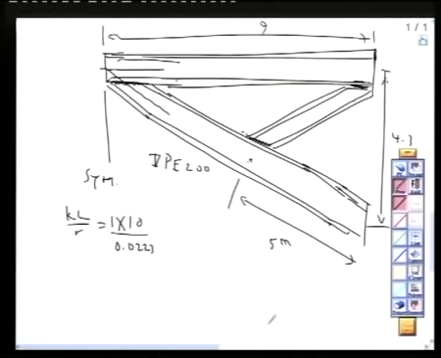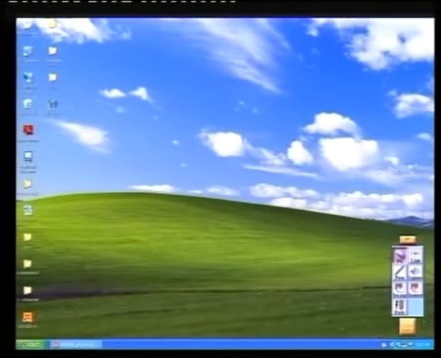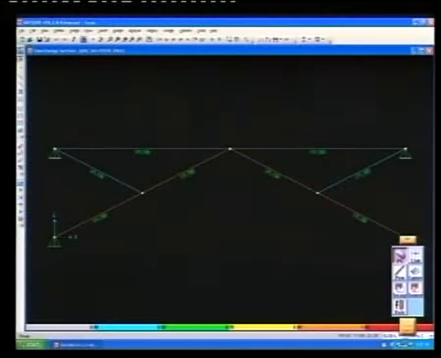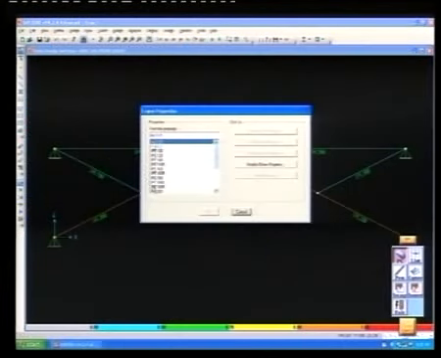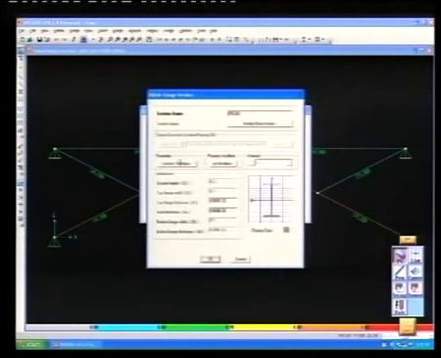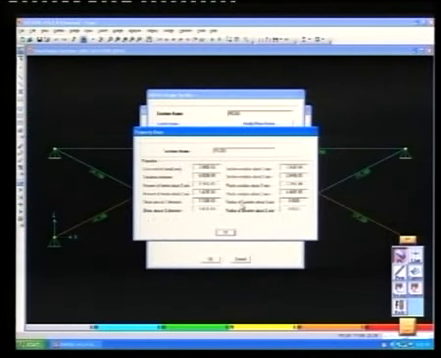Let me show it to you. This is IPE 200. Modify show. Section properties. If you look at ry, it is 0.0223.